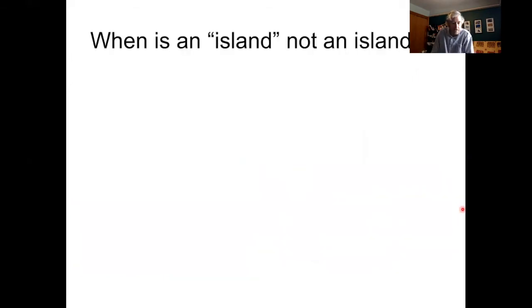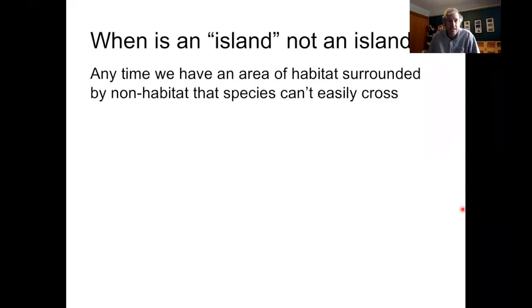Okay, so the theory was first conceived and applied to islands in the ocean. But we might think about, well, when is an island not an island? All an island really means is an area of habitat surrounded by non-habitat that species can't easily cross.